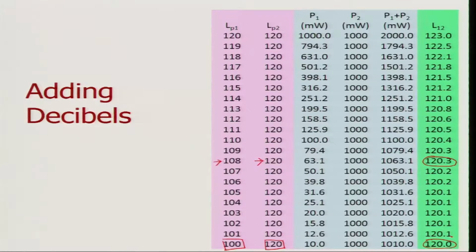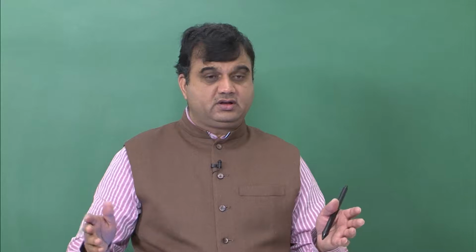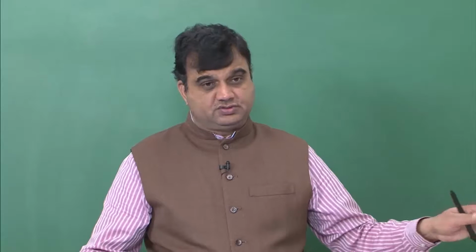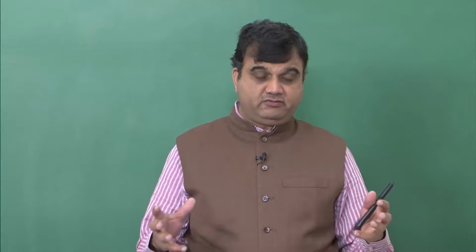So, it still remains 120 decibels. This is important to understand, that if there is a very weak source and a strong source, then the overall sound level more or less remains unchanged because of the presence of the weak source. The presence of both the sources will be felt when both sources are somewhat equally strong. That is what these data mean.